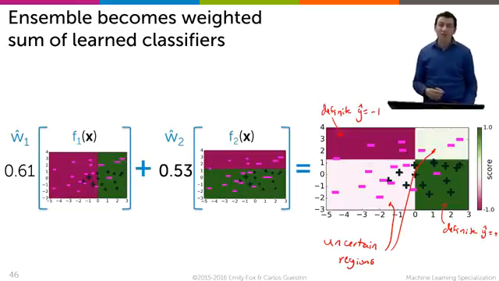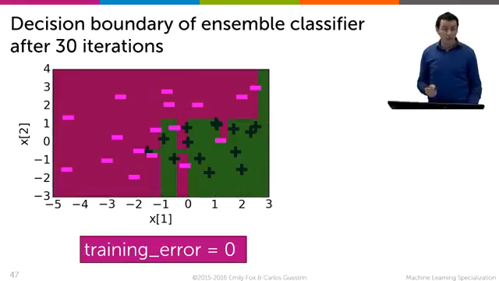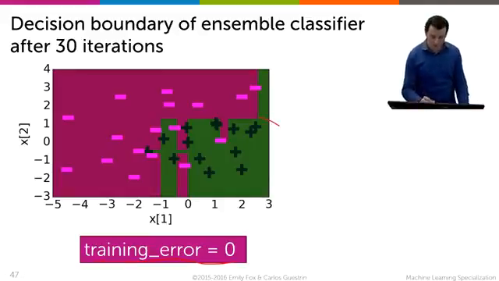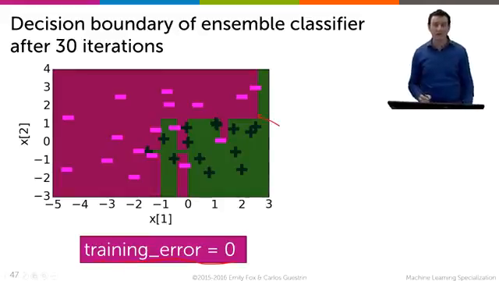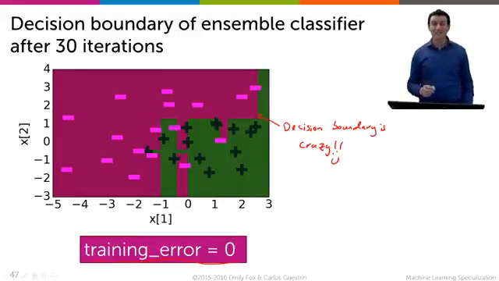Now, if you keep AdaBoost going for 30 iterations, the first thing that we notice is that we get all the data points right. So our training error is 0. The second thing you notice, and here I'm going to use a technical term for this, is that our decision boundary is crazy. This is our technical term.